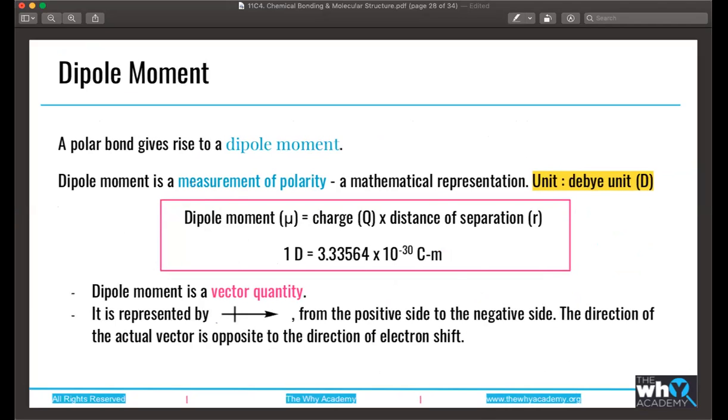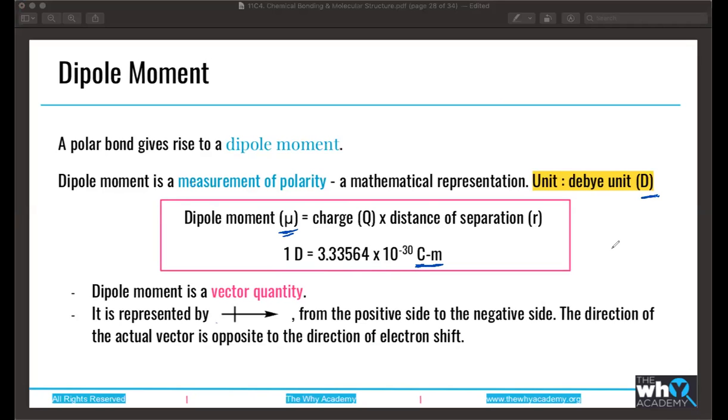The unit of dipole moment is the Debye unit, represented by D. The variable used for dipole moment is mu, which is equal to charge times the distance of separation. Because it's a multiplication of charge and distance, the Debye unit is basically coulomb meter. This is the meaning of the Debye unit.